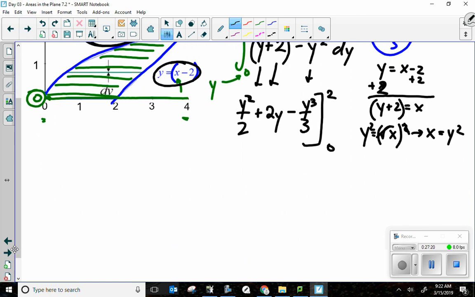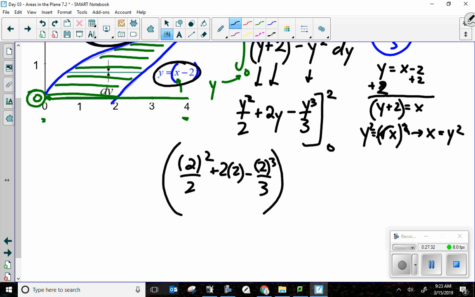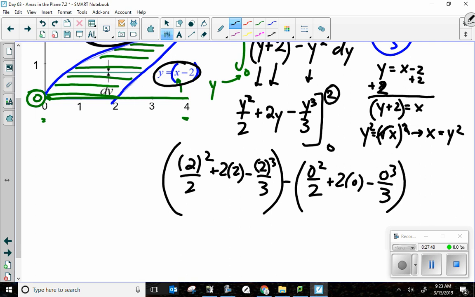Let's plug in our 2 first. 2 squared over 2 plus 2 times 2 minus 2 cubed over 3. That is just with my 2 in. Minus putting my 0 in. I'm going to humor you. Everything I put a 0 in here is going to go away. 0 squared over 2 plus 2 times 0 minus 0 cubed over 3.